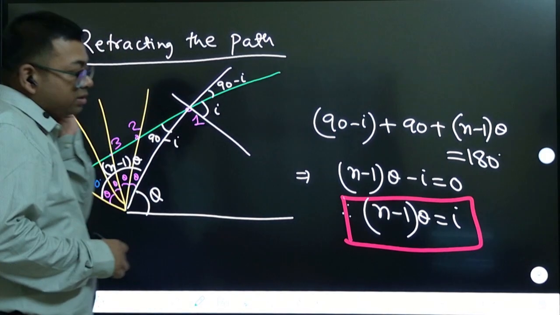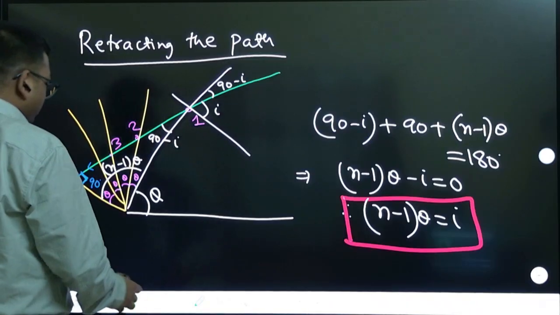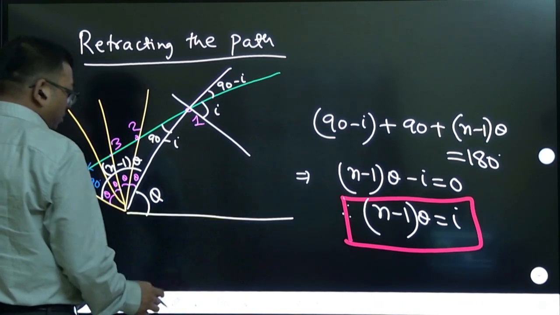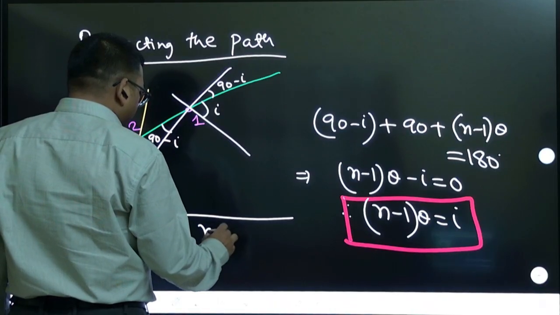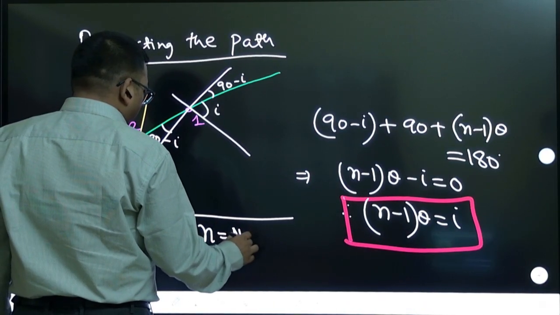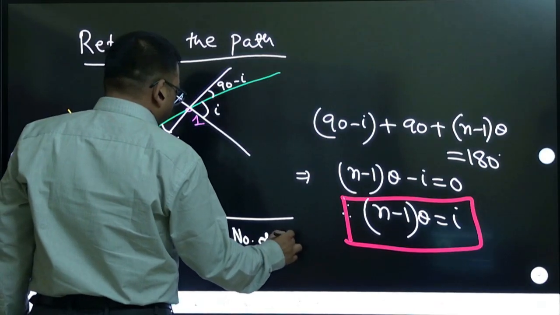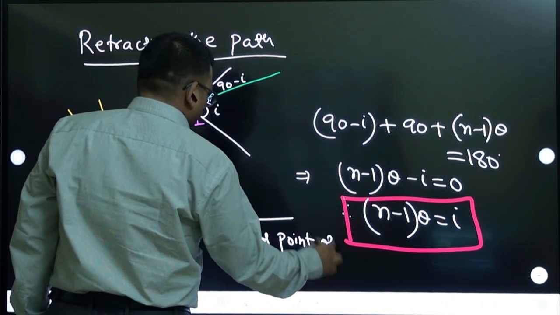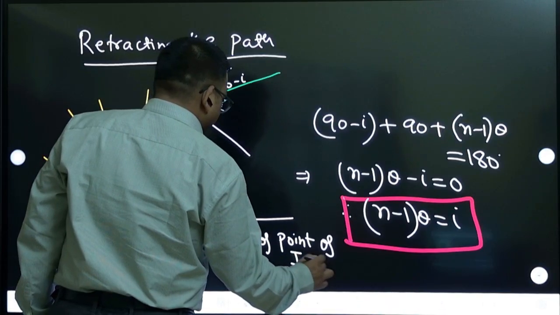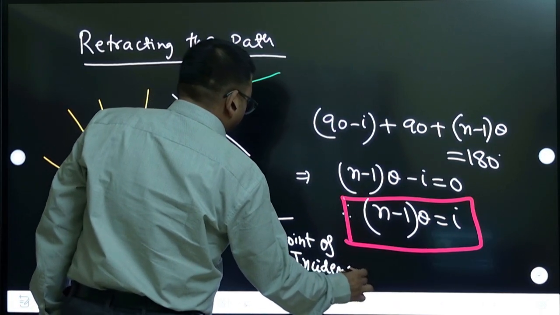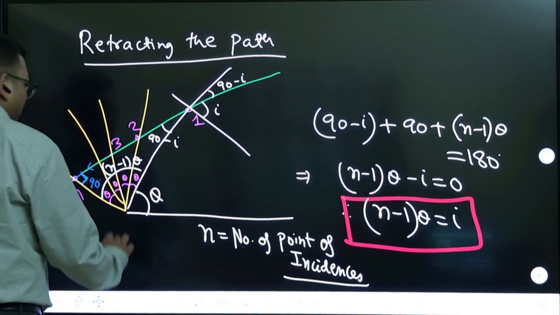And note that n represents the number of points of incidence.